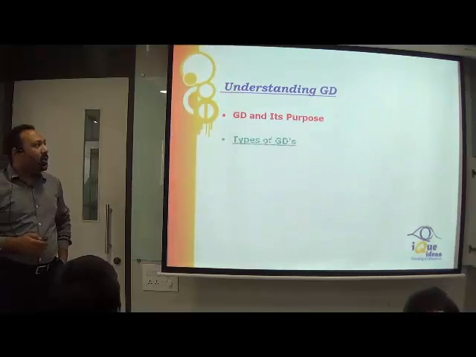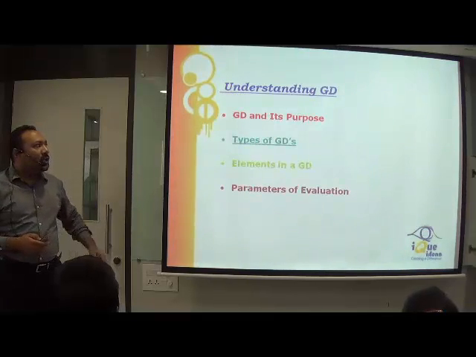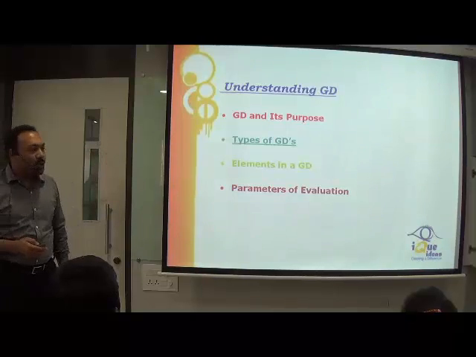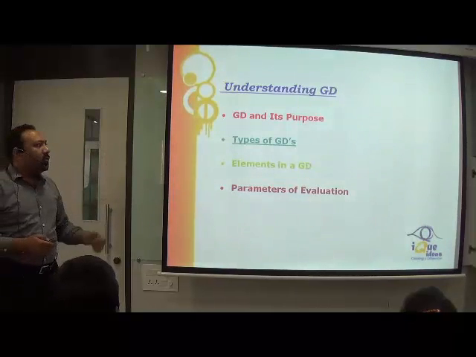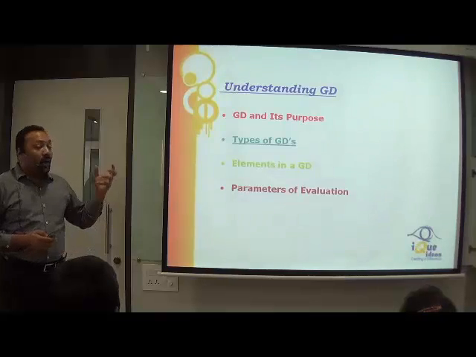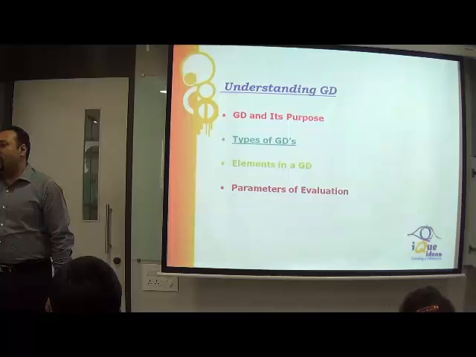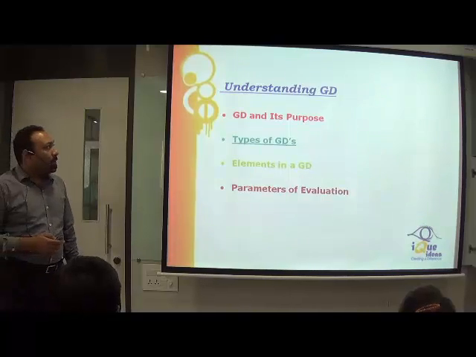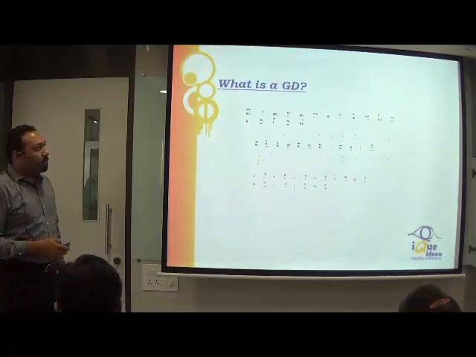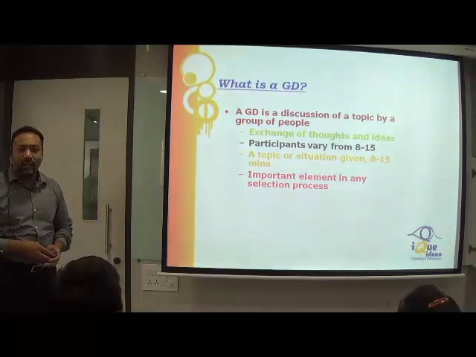Understanding GD. In this we are going to talk about four things. We are going to talk about GD and its purpose, why it is conducted. We are going to talk about types of GDs, what are the elements within a GD, and what are the parameters of evaluation in a GD. Let's start with identifying what's a GD.